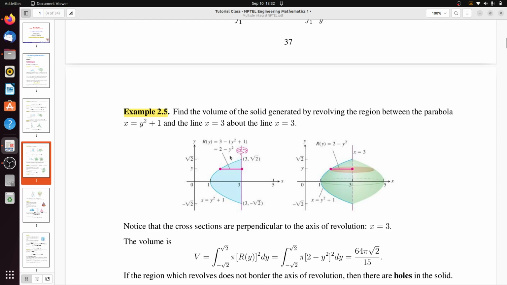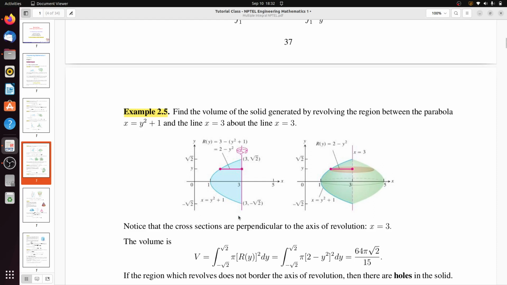Now if you want to determine the distance from this straight line, the distance between the y-axis and this straight line is 3 units. So if you subtract y square plus 1 from it, you will get the distance from this axis. So it will give you 3 minus y square plus 1, so 2 minus y square.